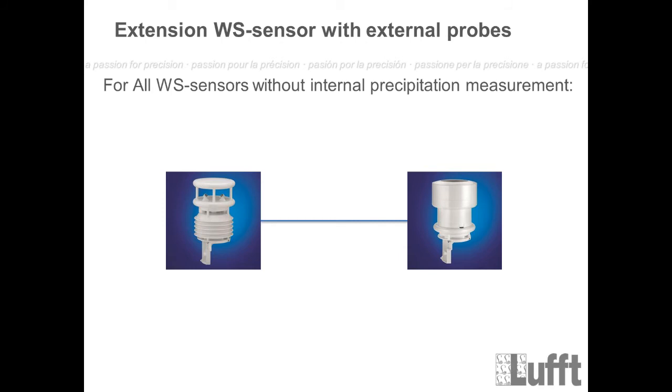That means WS500, 501, and so on. Not 401, of course, but 301, 300. So all WS sensors without internal precipitation measurement can be connected to this external tipping bucket.